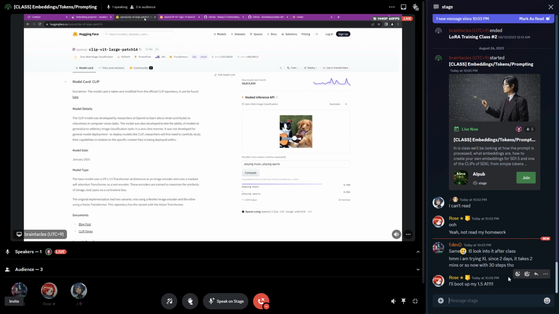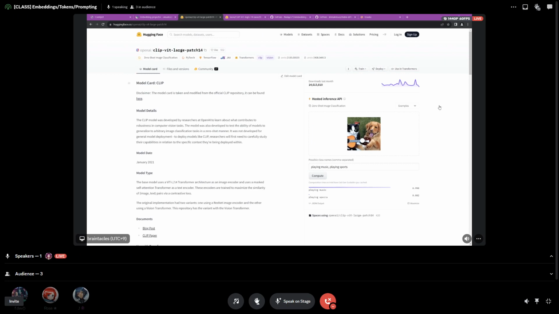But the L, which is this clip model here, is the same on Stable Diffusion 1.5 and Stable Diffusion XL. So you could load a Stable Diffusion XL model in A1111 and still get at least that clip to work. So no worries if you want to just load an XL model. I don't know if you still have 1.5s. I just got rid of all my 1.5 stuff.